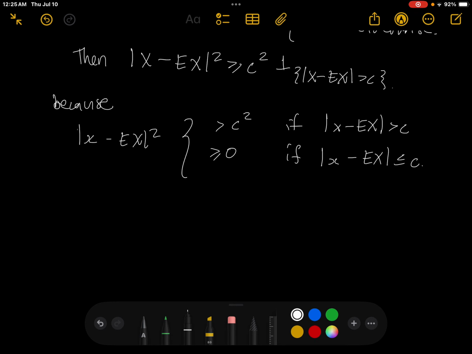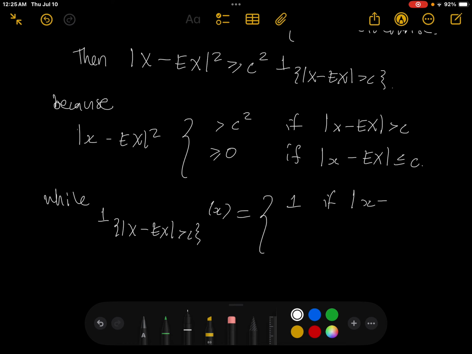Okay. So we have this, while if you compare that to this function, this by definition is 1 if the absolute value of little x minus ex is greater than c, and it's equal to 0 if this is less than or equal to c.